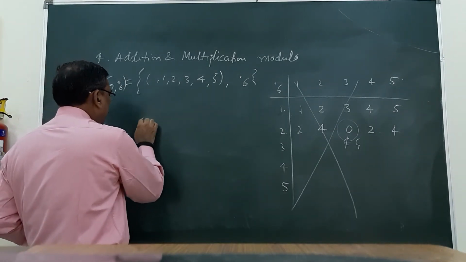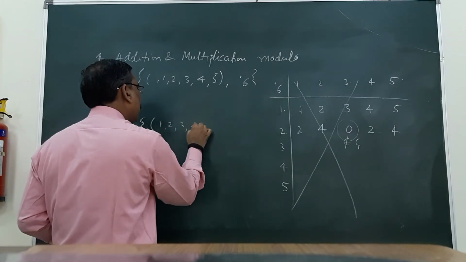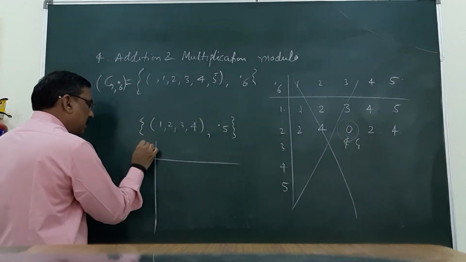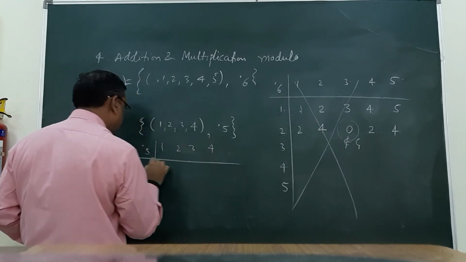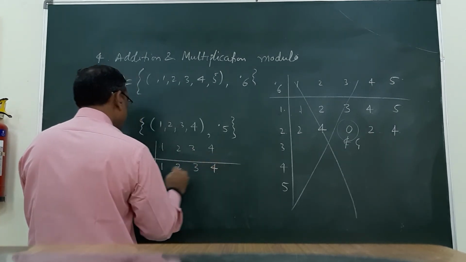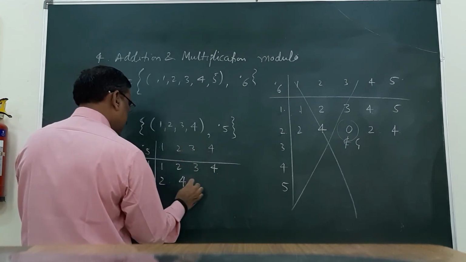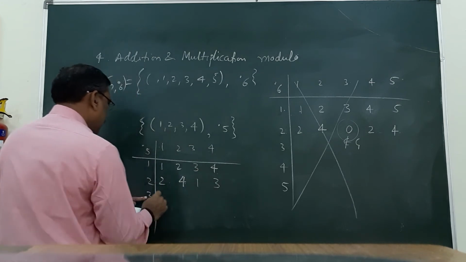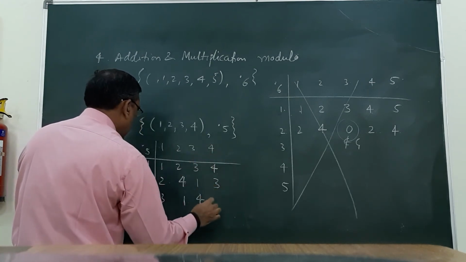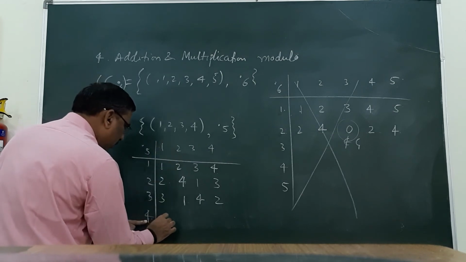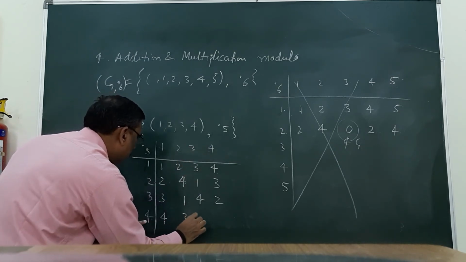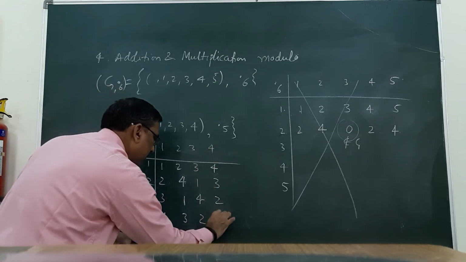But if we take 1, 2, 3, 4 as a set and multiplication modulo 5, in this case we will see the following table. 1 times 1, 2, 3, 4 gives 1, 2, 3, 4. 2 times gives 2, 4, 6 which is 1, and 8 which is 3. 3 times gives 3, 6 which is 1, 9 which is 4, and 12 which is 2. 4 times gives 4, 8 which is 3, 12 which is 2, and 16 which is 1.